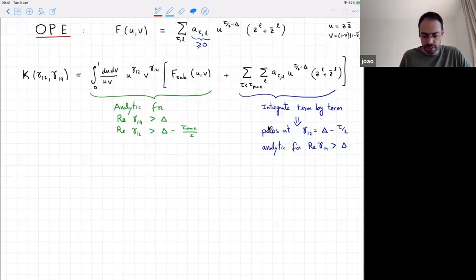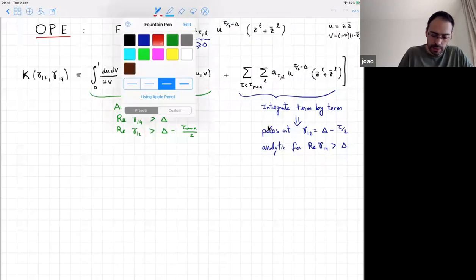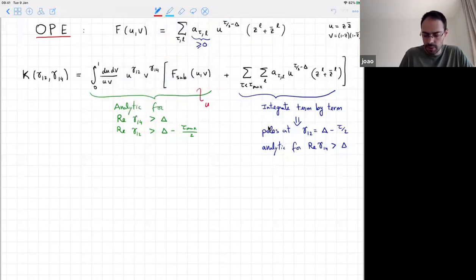But now you see it's easy because the first term is now analytic in a bigger domain, because the first singularity now is u to the delta minus tau max over 2 instead of u to the delta. So you have a bigger domain. And the second term, you just integrate term by term. You can just do it explicitly. You get some rational functions. The only thing you have to show is that the sum, which may be infinite, still converges. But we did that, so we can do that using the OPE.